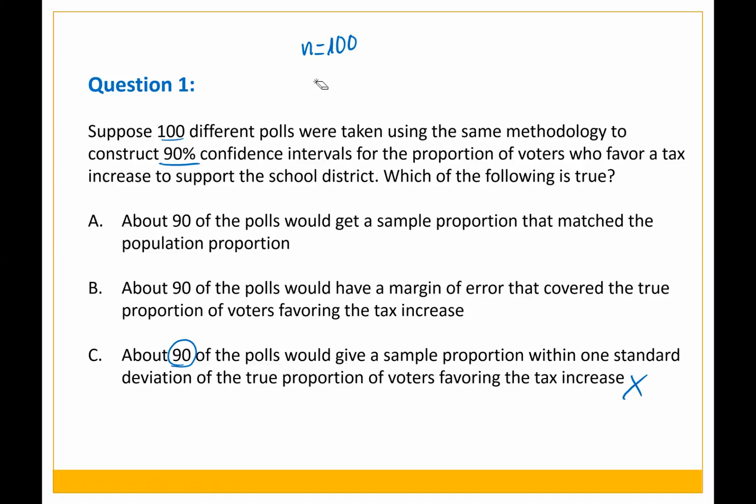And that's not the meaning of a confidence interval either. And so A is also not right. So the answer is going to be B. About 90% of the polls would have a margin of error that covers the true proportion of voters favoring the tax increase. It's exactly the same way to phrase that 90% of the time, the true proportion is going to fall into that interval that we predict.